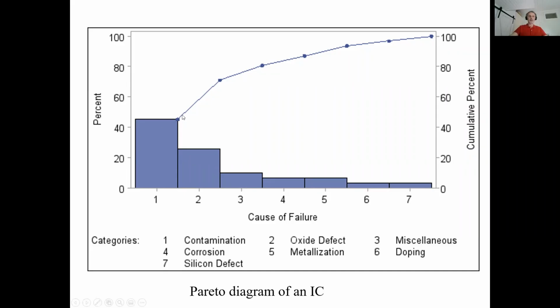Meaning that now we are almost there at 80% of the cumulative if we just fix these 2. The point is just that, okay, let's focus on the most severe ones, and then we can have the highest effect as an outcome.